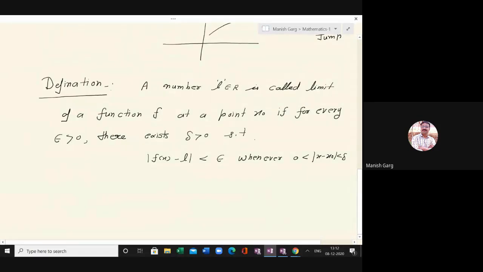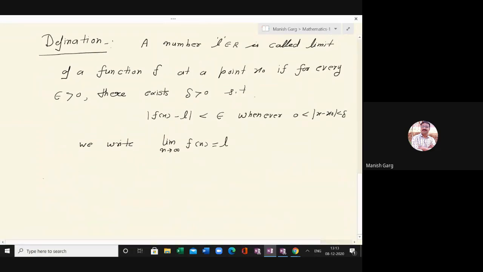Then we write limit x tends to x naught f(x) is equal to L. Okay, now I am giving another definition. This is 2, now this was 1.